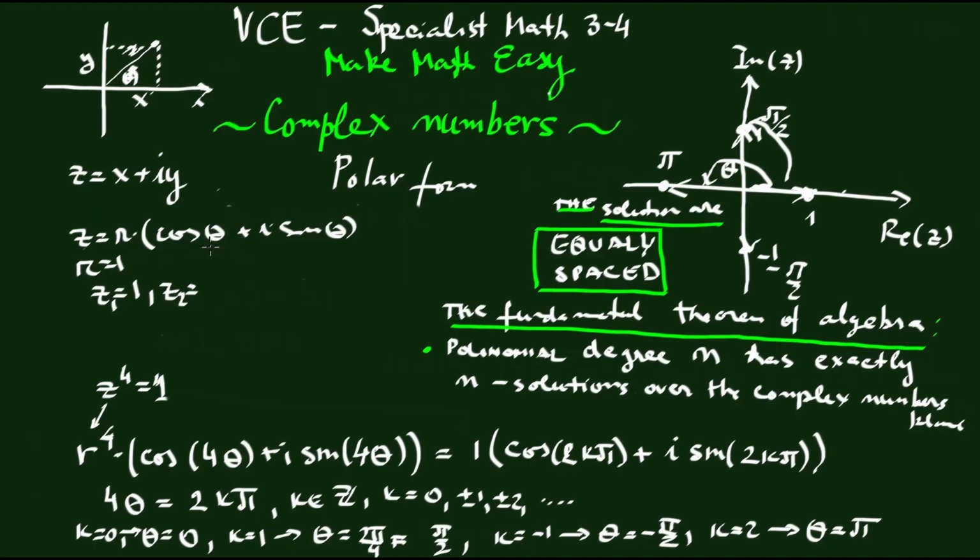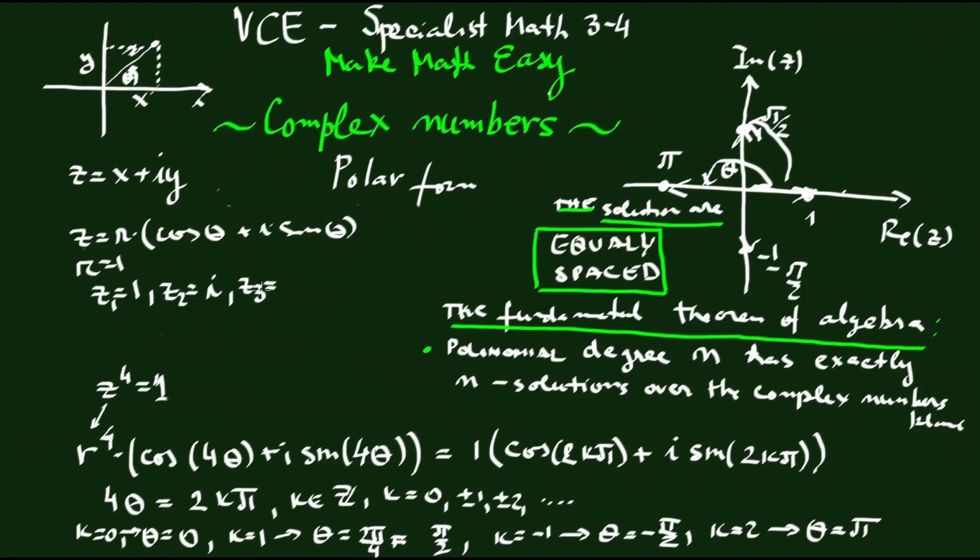Cosine of pi half is 0, but sine of pi half is 1. So we have 1 times I is I. Our solution z3 becomes when k is minus 1, just minus pi half.